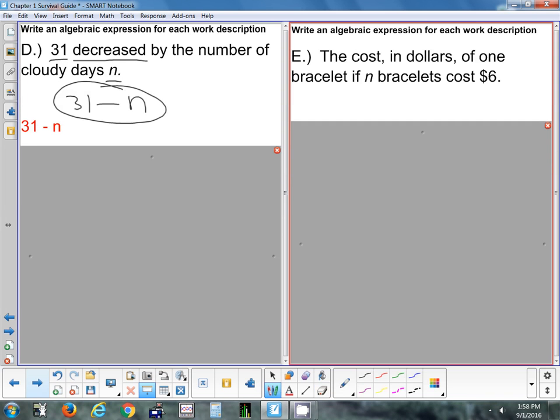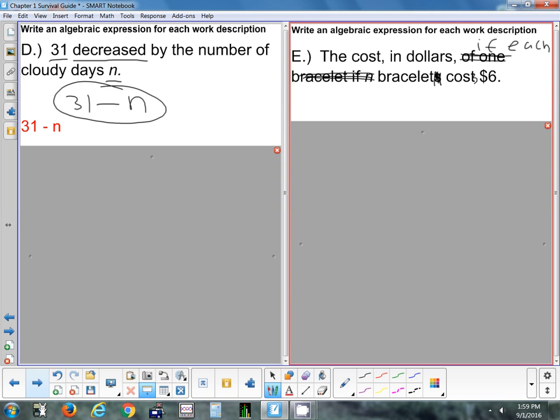I'm going to say the cost in dollars if each bracelet costs $6. I didn't change it a lot, but I just changed it a little.